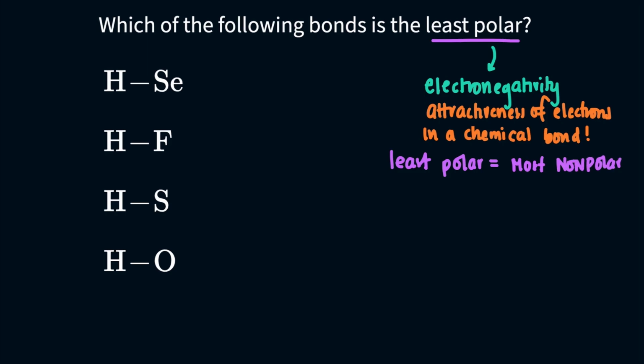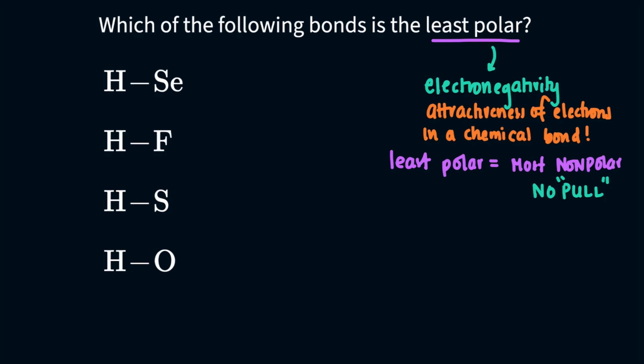And if you're nonpolar, that means that the bond, or the electrons in the bond, have no pull, which means that the electrons in that bond are not going to be attracted to one atom or the other. They're basically just going to be sitting pretty right down the middle as much as possible. So we need to find out which one is going to give us the most nonpolar bond.